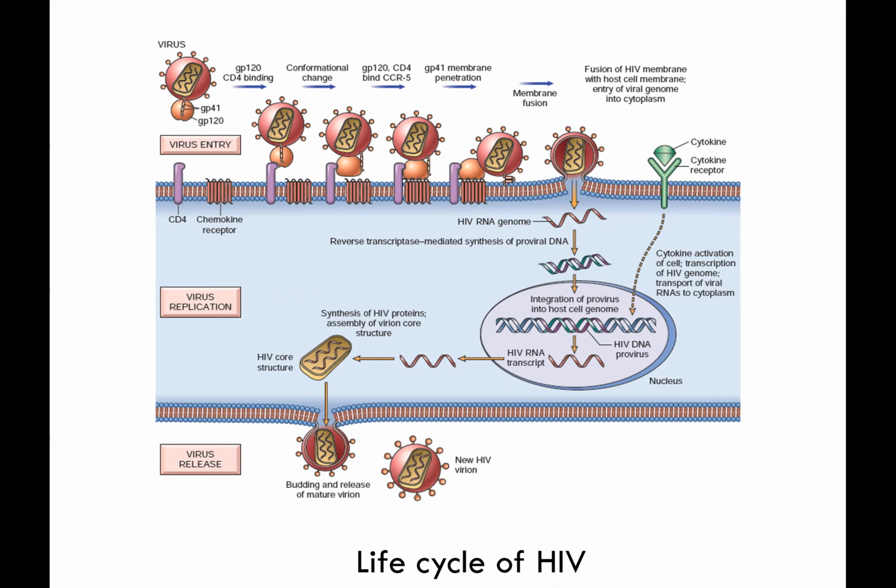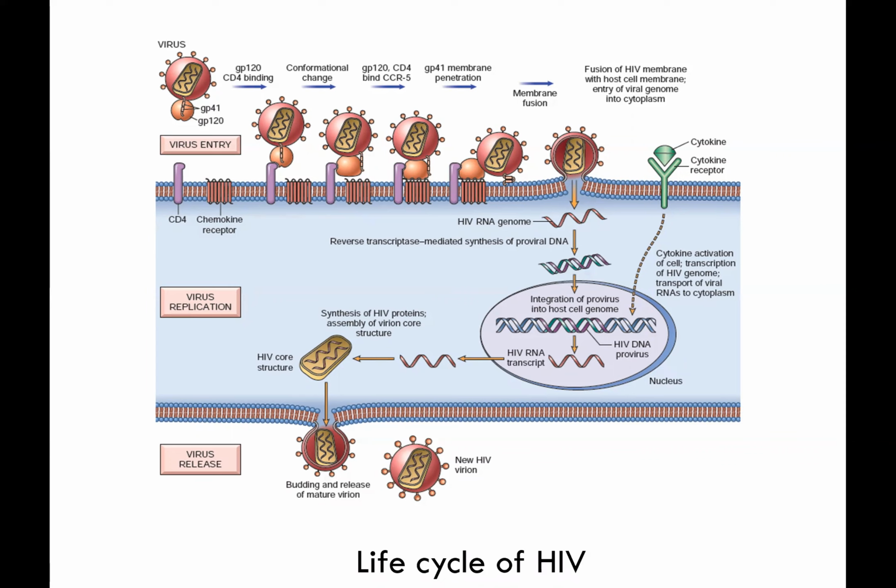So as it gets inside, we can now do viral replication. Once it is internalized, the RNA genome of the virus undergoes reverse transcription. It leads to synthesis of a double-stranded complementary DNA.